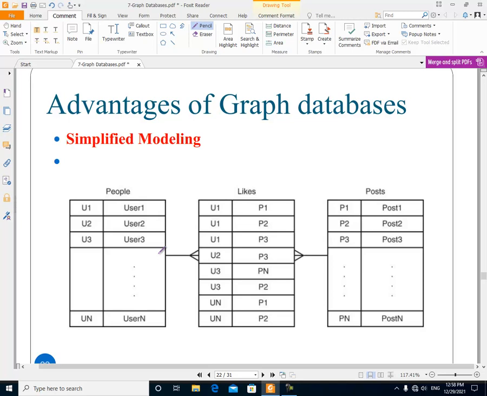First, we have to model the entities which want to be connected, which are people and posts. Then we have to model the interactions between these two entities, which is the like relation between people and posts.